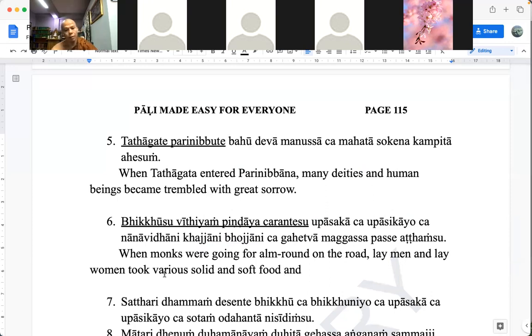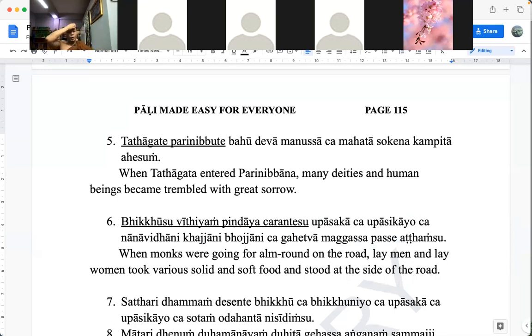So took various solid and soft food, and so Megasa Basti here. Atansu also. Atansu is the past tense of the dated, tardy, dated. So that is stood. So Megas stood where? But see at the side, Basa means side. At the side of what? Megasa. At the side of the road.